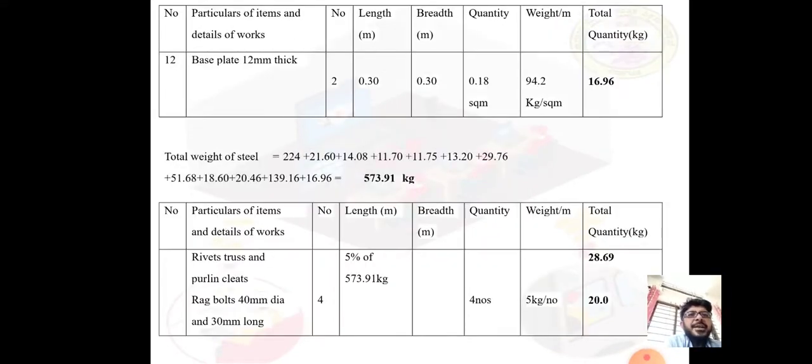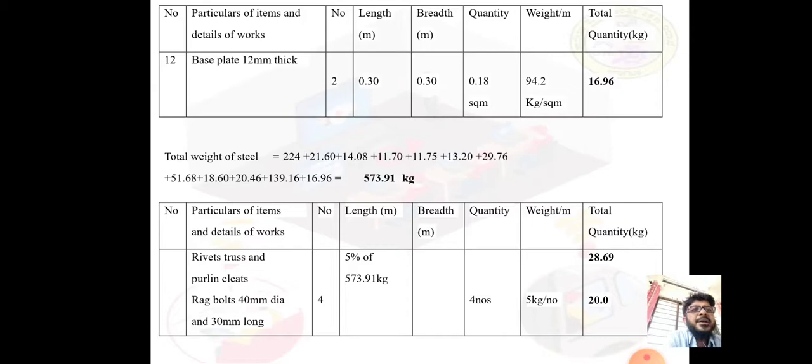Next, base plate 12 mm thick. So 2 numbers are there, its length 0.3 into breadth 0.3, and quantity 0.18 square meter, and weight for 12 mm thick base plate is 94.2 per square meter.